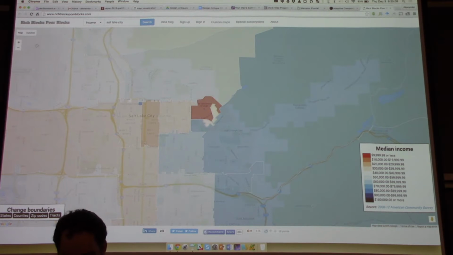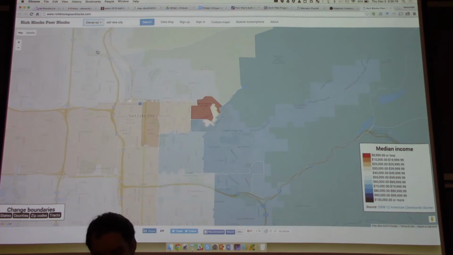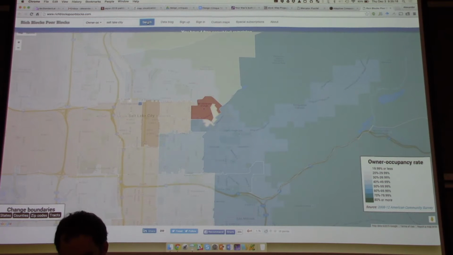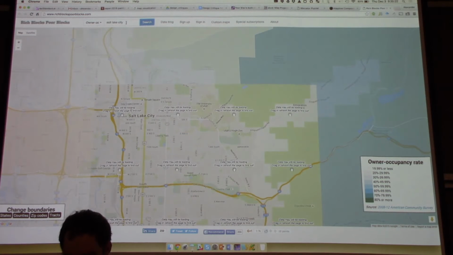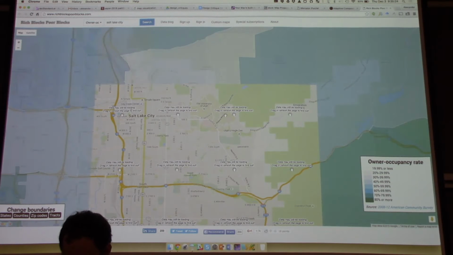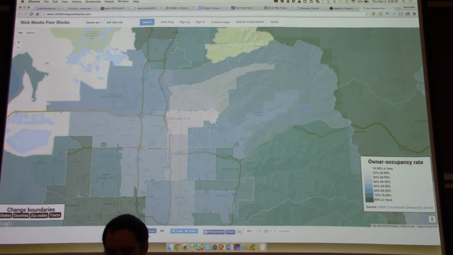So yeah, you can play around with this if you're interested. There's, I think, other things like owner occupancy. So this, I would assume that this again, only 4 searches remain. It's ironic that it charges you, talking about income inequality, and they want money from you for running the query.